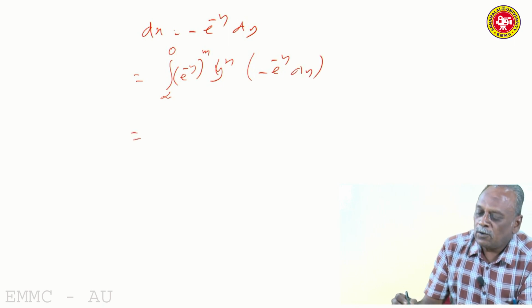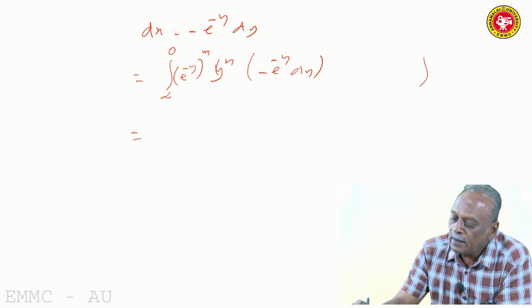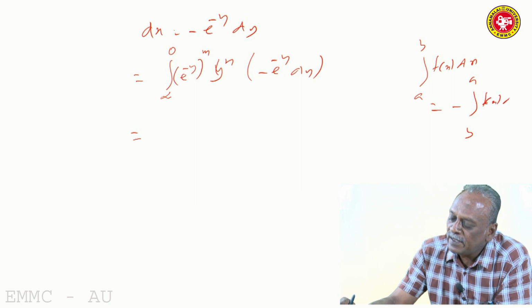We know the property of definite integrals: integral a to b f of x dx equal to minus integral b to a f of x dx.